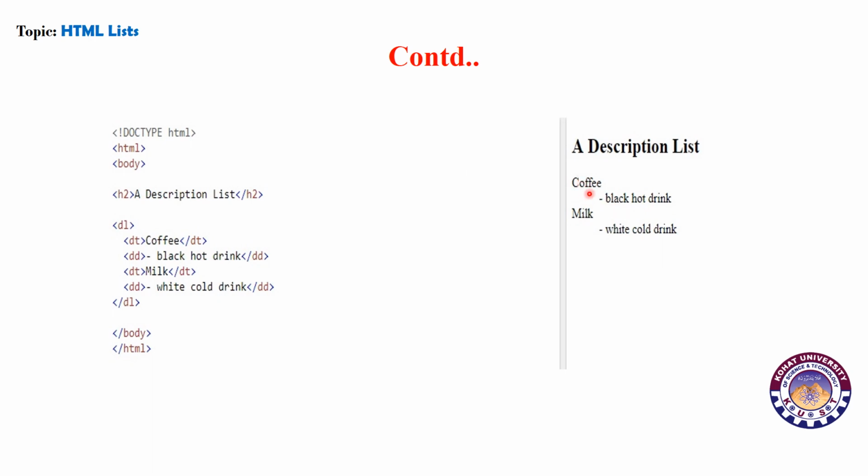So coffee means black hot drink. Whenever we want to describe coffee, it means black hot drink. Here I have explained that milk is white cold drink, and there will be some spaces so that everyone can understand what coffee stands for and what milk stands for. So this will be the description list.